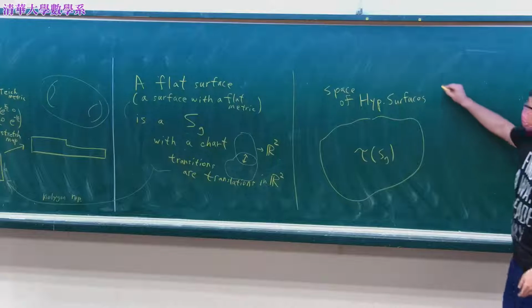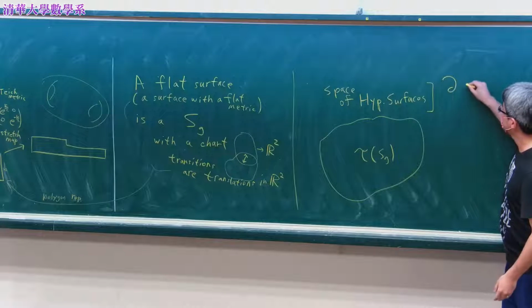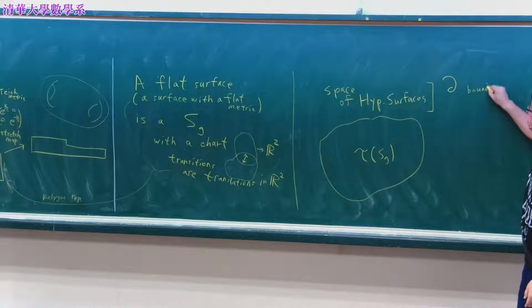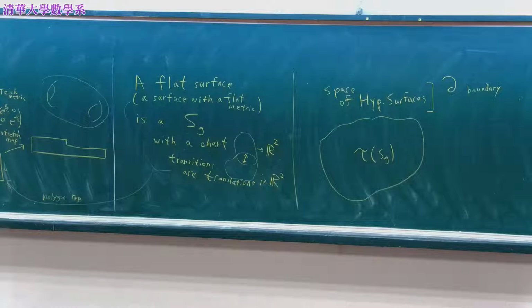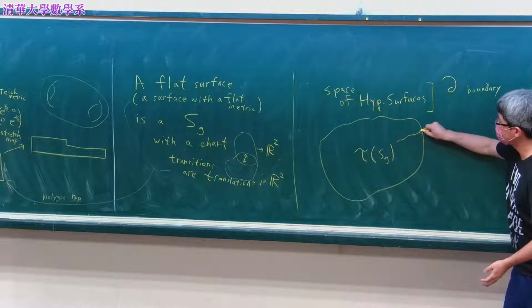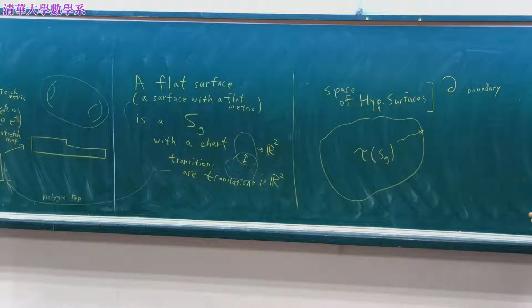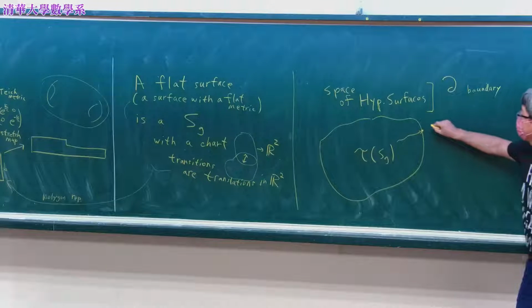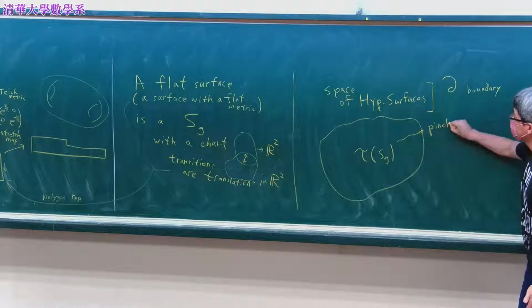The boundary of this space is something that's not as exotic as people would think. If you have some type of surface and your metric is breaking down, you're moving to the boundary, that means you're leaving the space, so your metric is somehow breaking down, then there is a pinching.